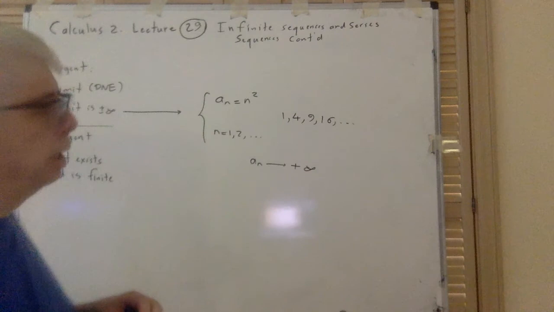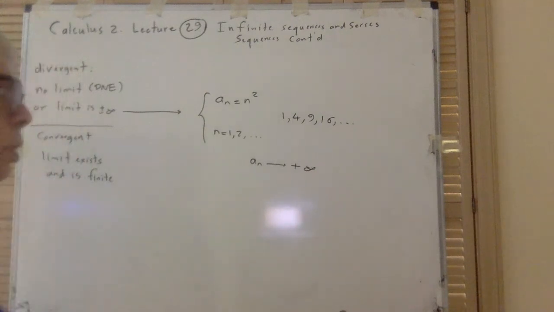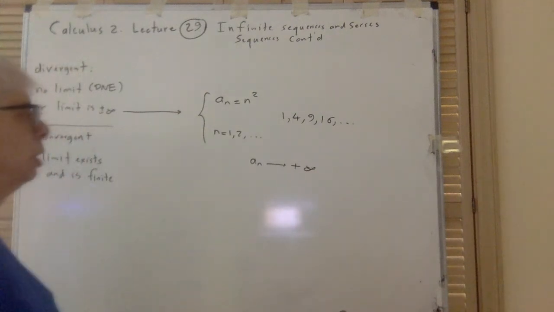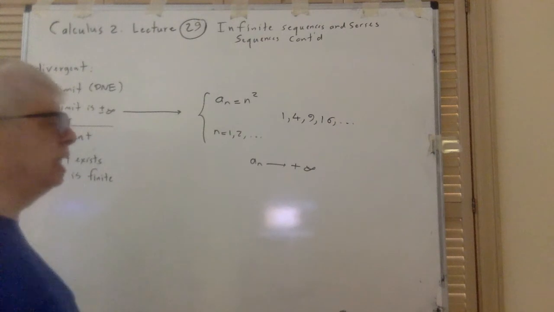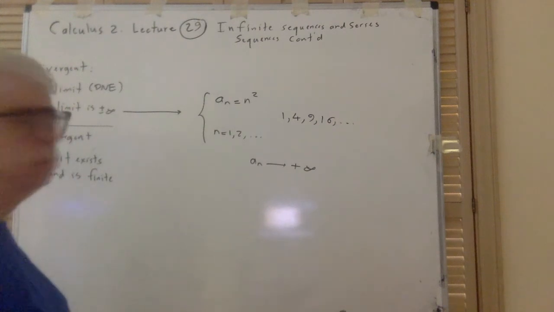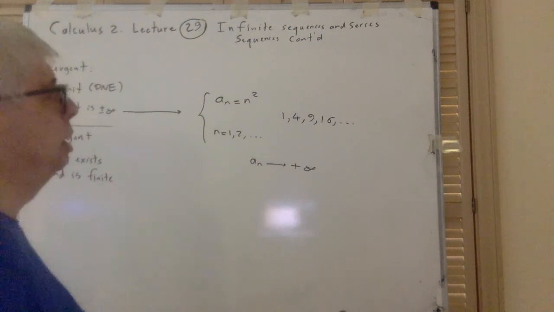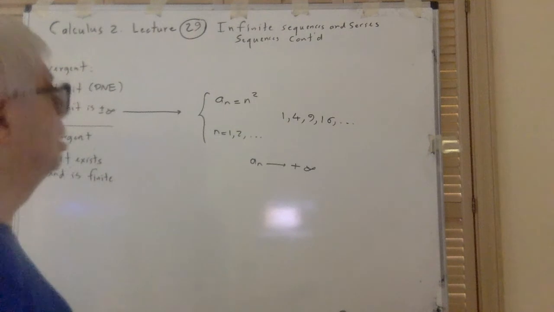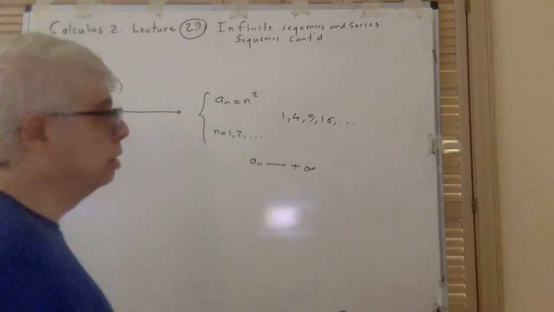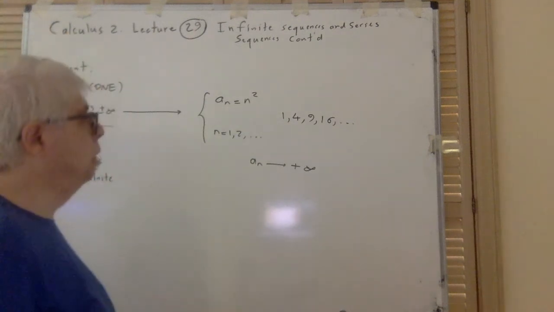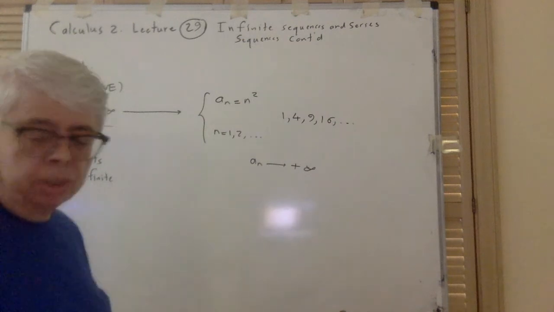So that is what we call divergent. We can say that an goes to positive infinity, which means it gets larger and larger without any bound. Or the other way around, it can get smaller and smaller without any bound.